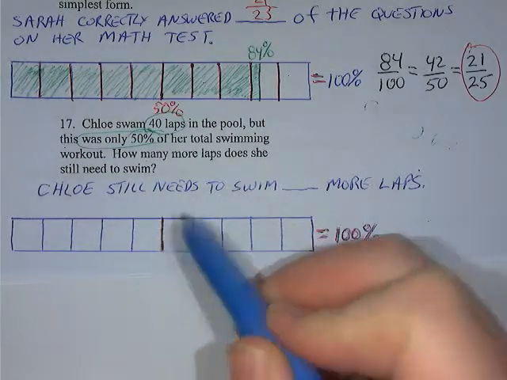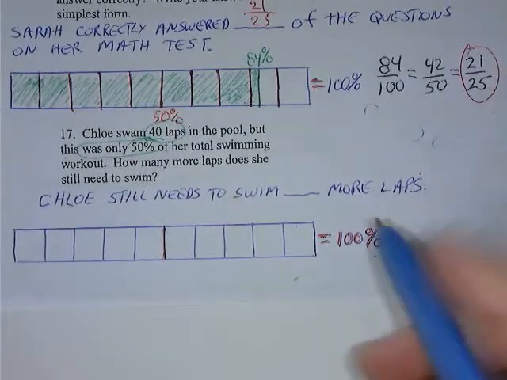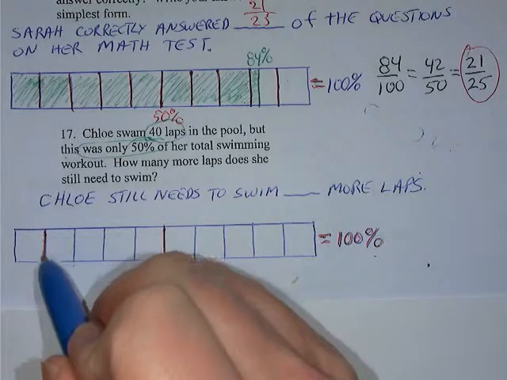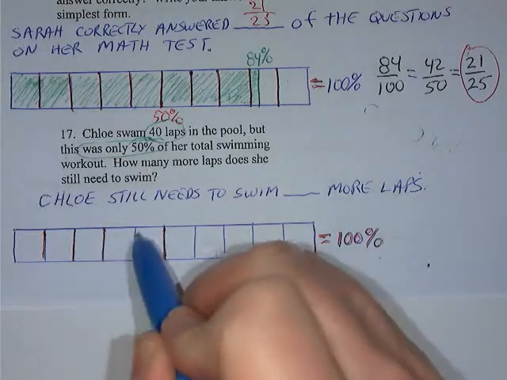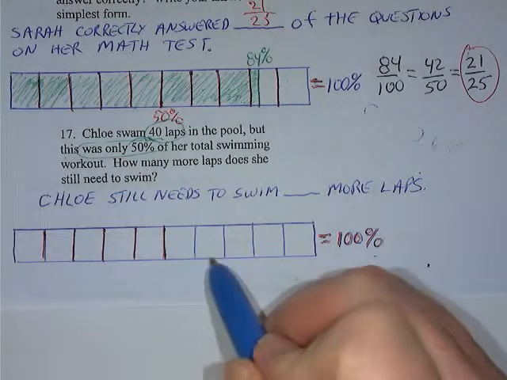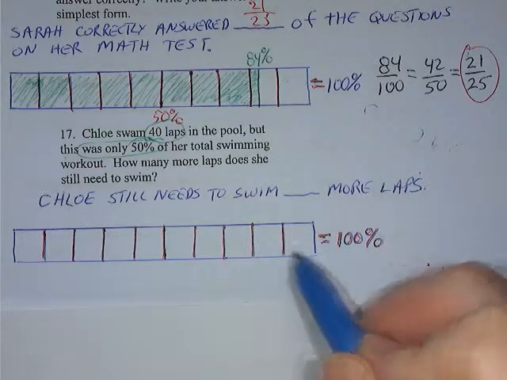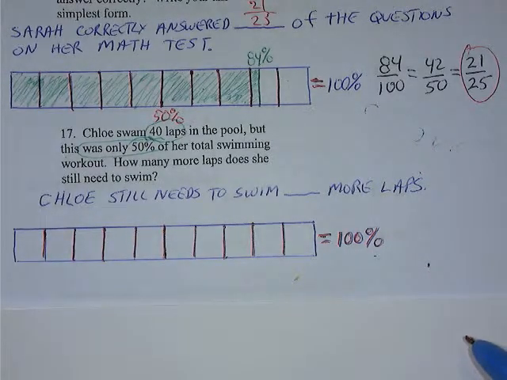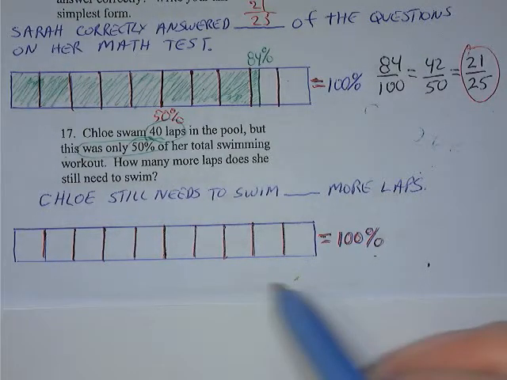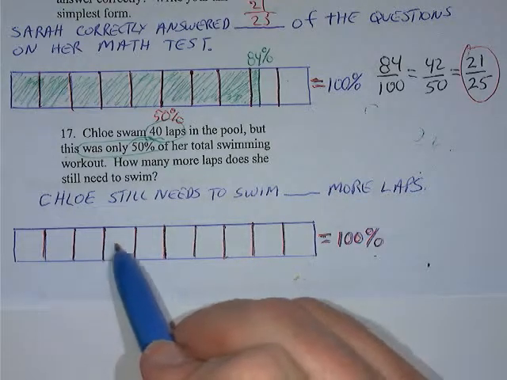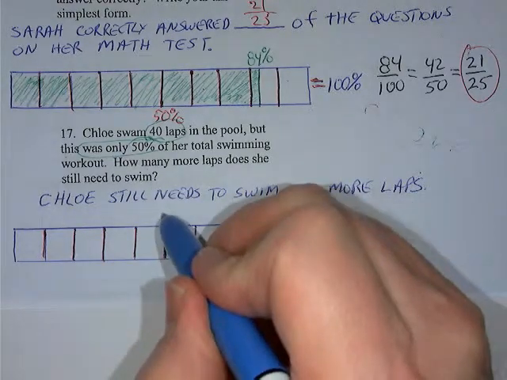That will be your 50%. And then you make 4 lines in between. 1, 2, 3, 4. And on the other side, 1, 2, 3, 4. And it says that this is, let's see, so 10, 20, 30, 40, 50. So this is 50%.